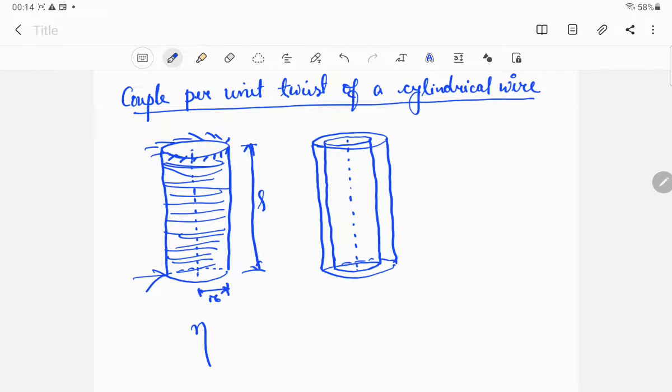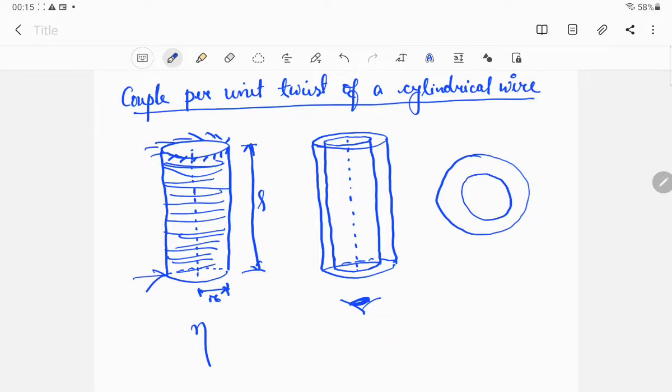And if you look at this coaxial cylinder from this direction, the cross section of this particular wire will look to you like this.